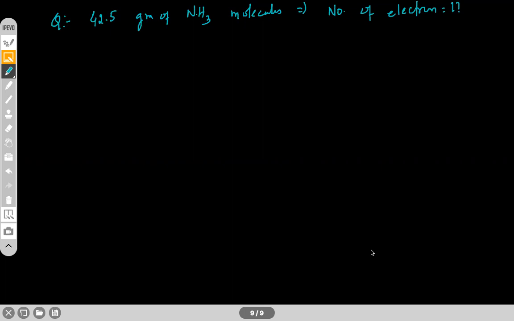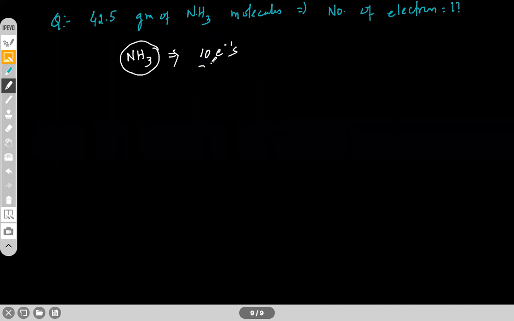See, what we need to find out is the number of electrons, correct? So could you tell me how many electrons are present in one molecule of NH3? Atomic number of nitrogen is what? 7, right? So 7 plus 3, we have 10 electrons in this.